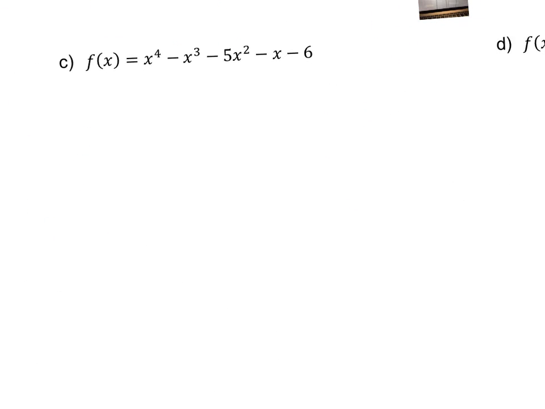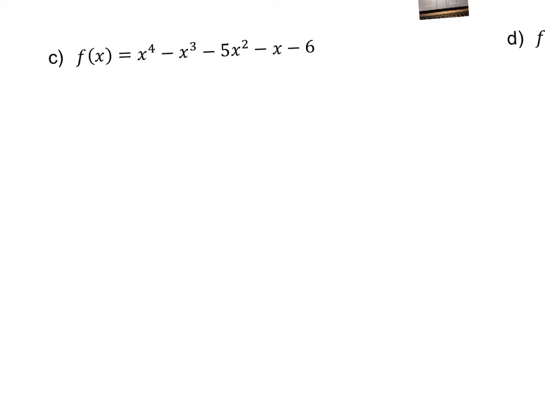All right, so let's move on to C here. So with C, I have x to the 4th power again. And so I'm going to start by making my possible roots. And it looks like my leading coefficient is 1 and my constant here is 6.